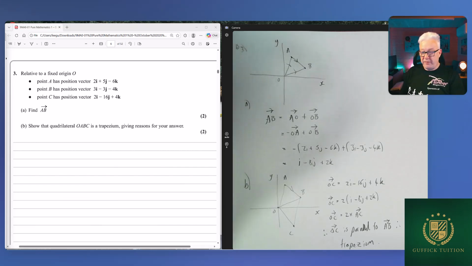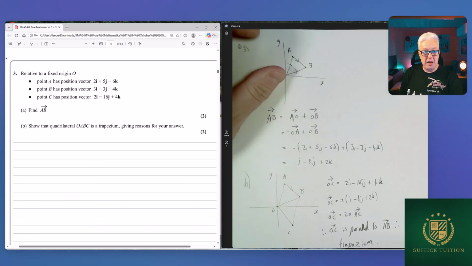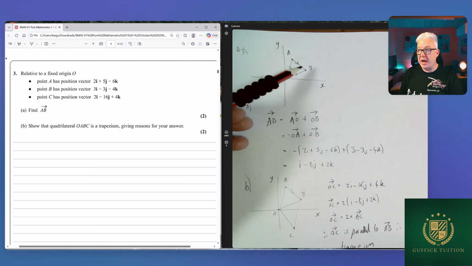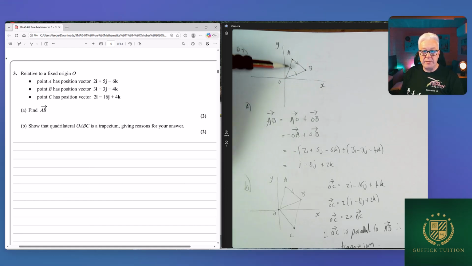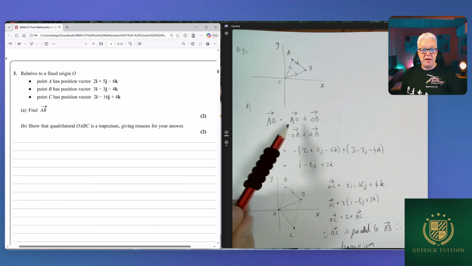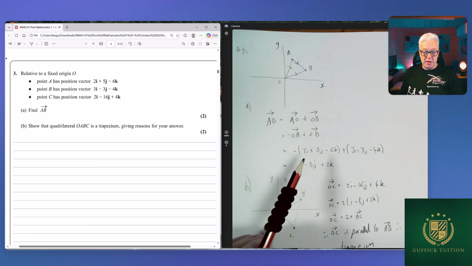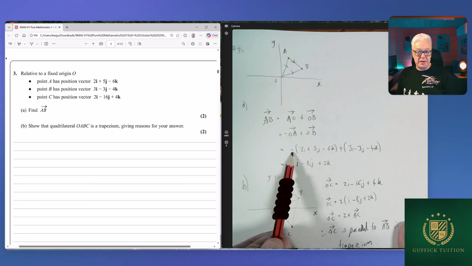Now, it's notoriously difficult to try and picture 3 dimensions on a 2-dimensional plane, but just for the purpose of a sketch, I've done a little sketch. So if we imagine that we've got some vector A and some vector B, and we want to find out how to go from A to B, I'm going to do A to O plus O to B. So to go from A to B is A to O plus O to B. And going from A to O is minus O to A. So we get the vector O to A, put a minus in front of it.